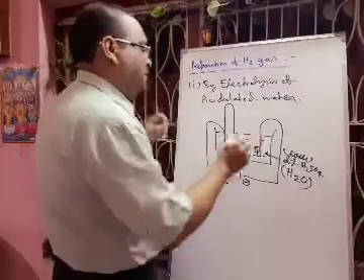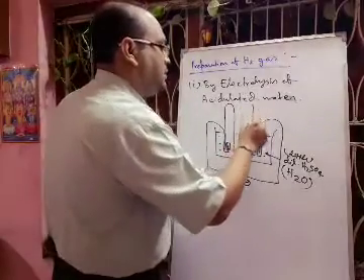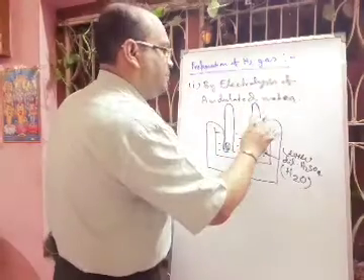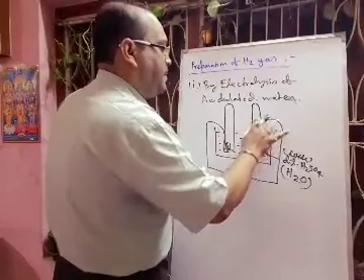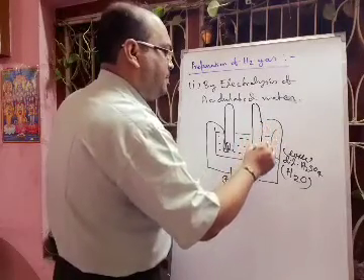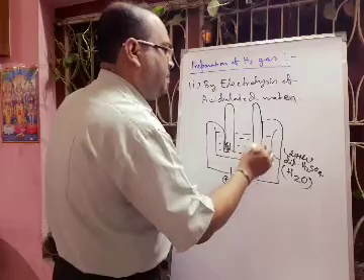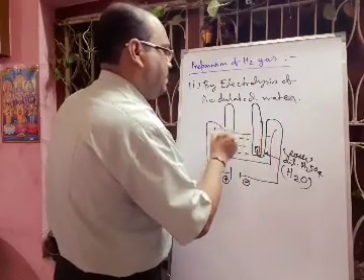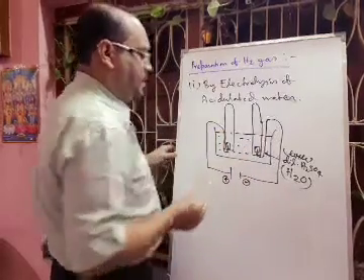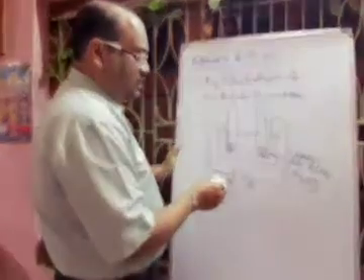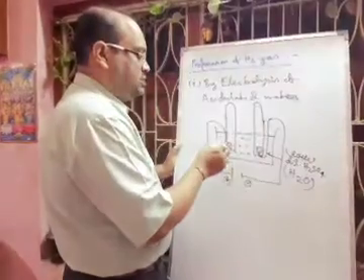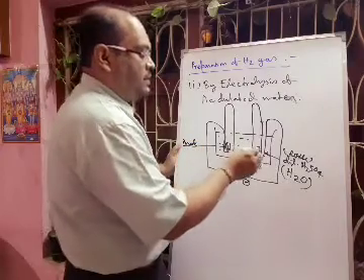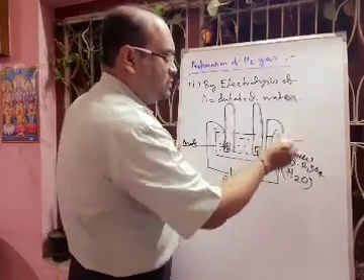Here also one inverted glass container will be there. Now it is positive, so anions will go, so this is called anode, and it is negative, so cations will go, it is called cathode.